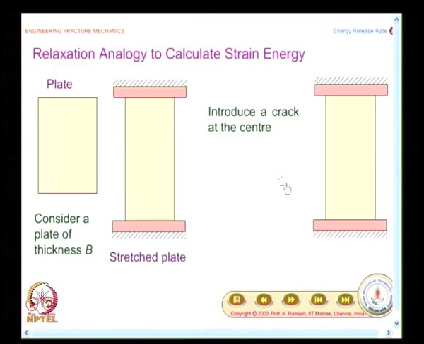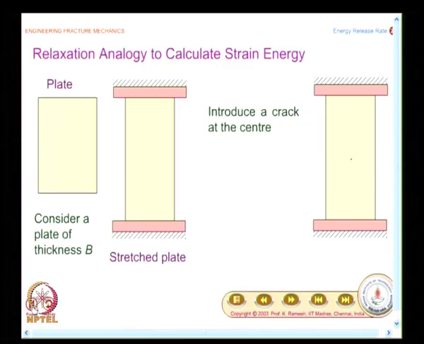For the formation of a crack, you need surfaces to be formed, and energy is required to form these surfaces. This energy would have come from the strain energy of the system. And what kind of situation are we analyzing? We are looking at fixed grips, so there is no external work done.